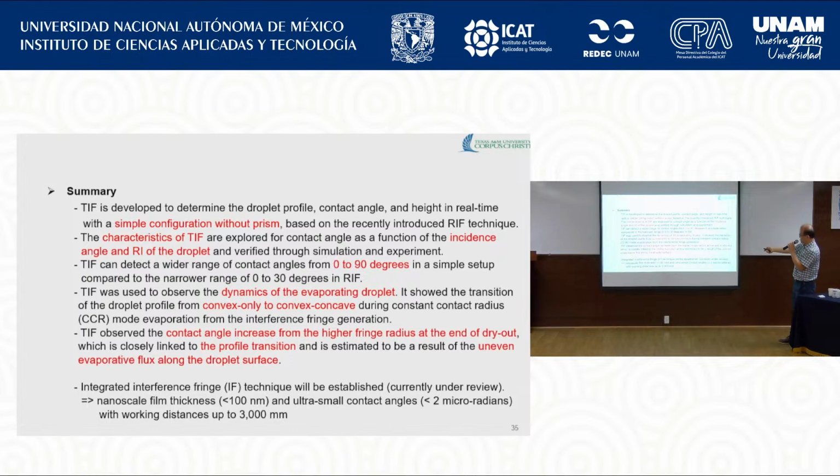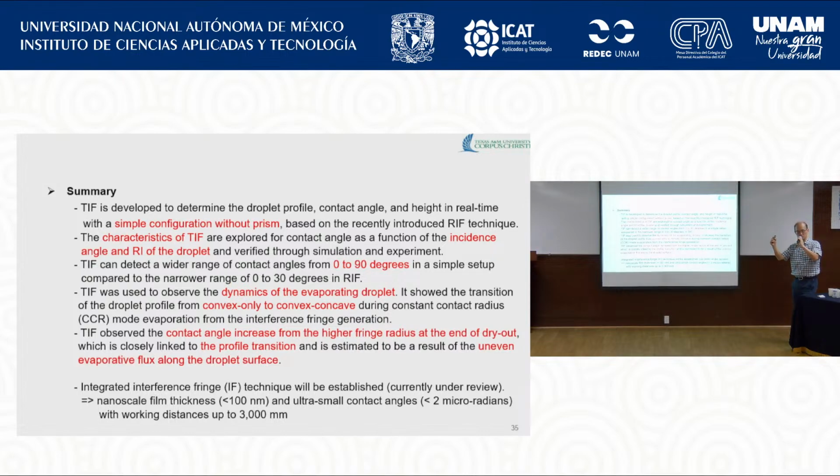Okay. But now, this interference fringe far field shows this can be a very effective optical technique. And also, the reason why this is important is because in this range, the contact angle is very small. Okay, it's around 0.001 degree. If we convert it into radian, it's less than 2 microradians.